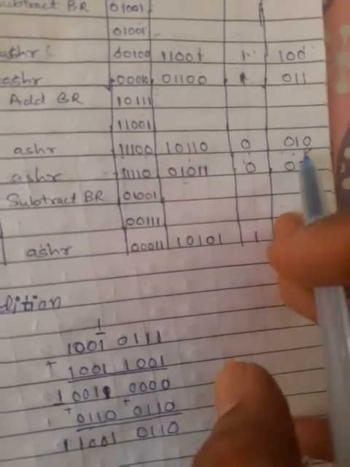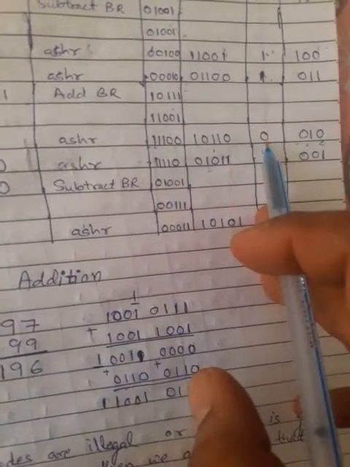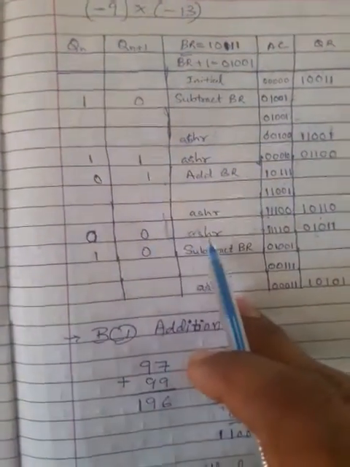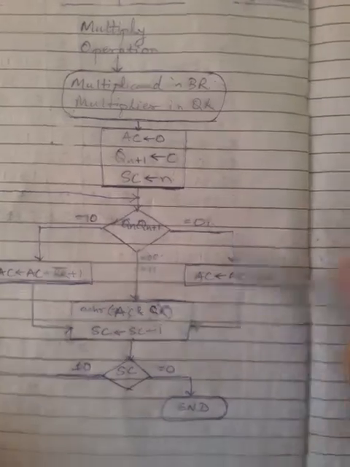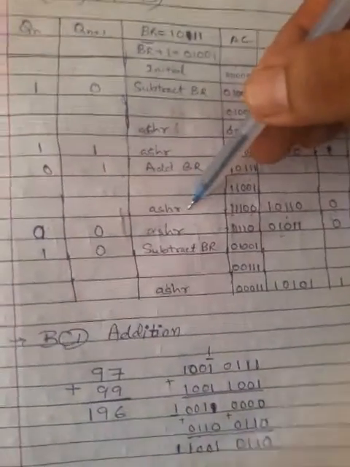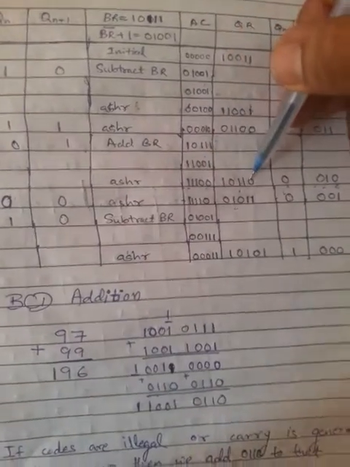And now we can see here this is 0 0. Okay, so we will write here 0 0 for Qn and Qn plus 1, and in 0 0 a shift right is directly to be done between AC and QR. So shift right will be done between AC and QR.